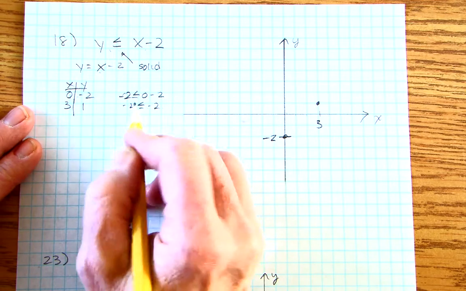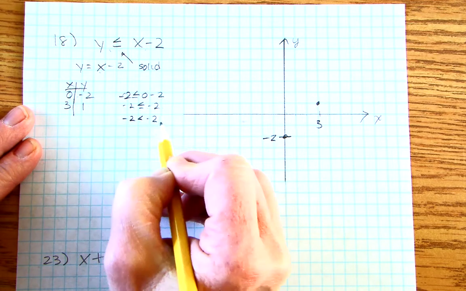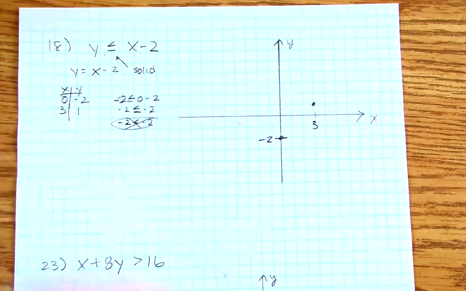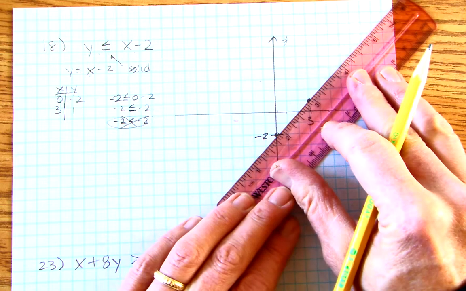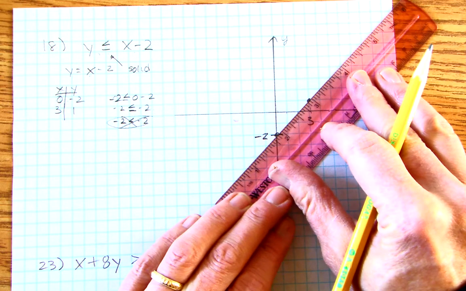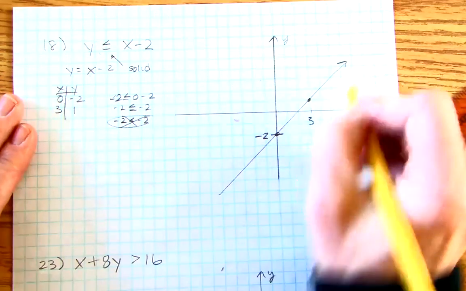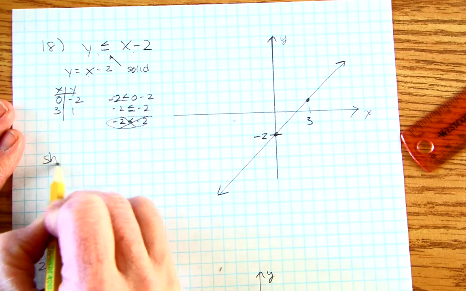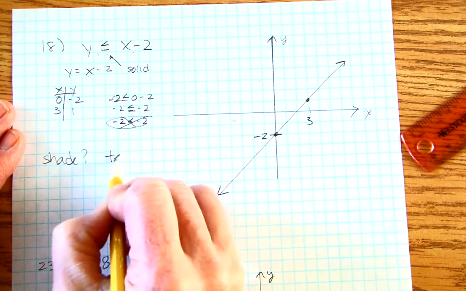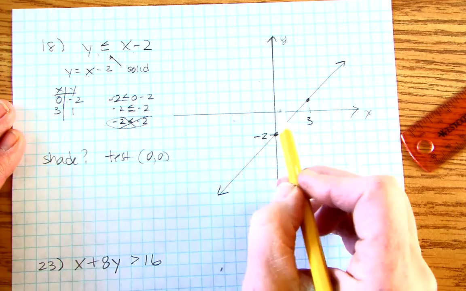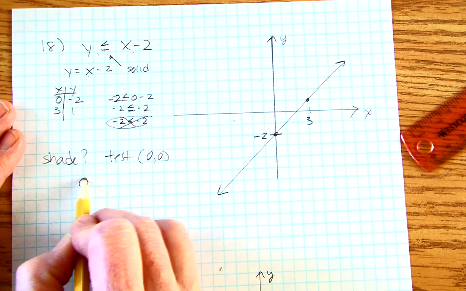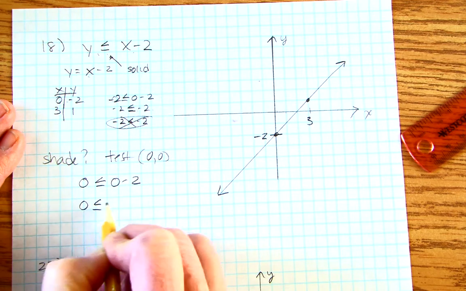Now, since I can be equal to, I have a solid line. Negative 2 is less than or equal to 2. If this were just a less than, negative 2 is less than 2, but since I can equal 2, these points are part of my solution, therefore I have a solid line. Now shade, and test 0, 0, which is not on our line.